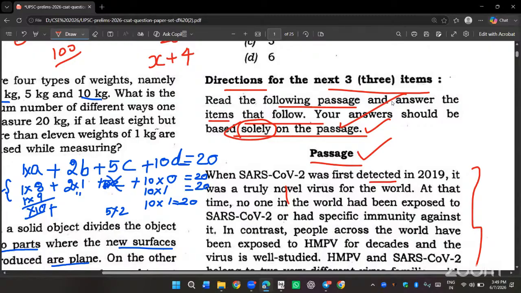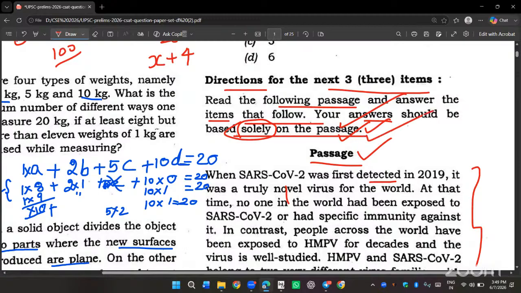Next important point. When you answer the questions, you should not deviate from the passage. You should not interpret on your own the statements given in the passage. You have to stick to the passage. That is another important point.